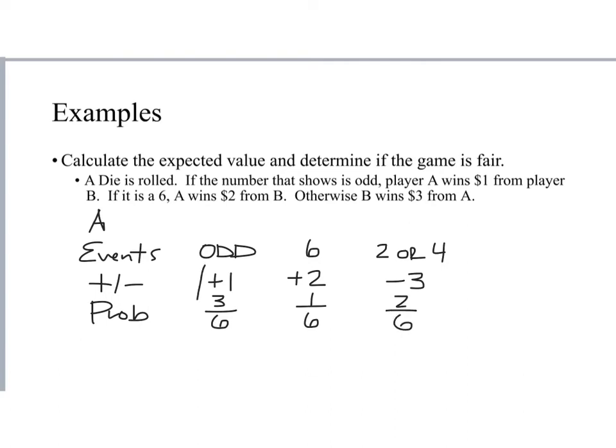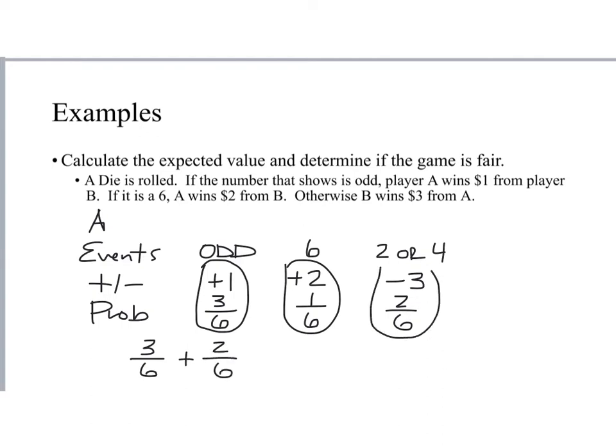Now, calculating this expected value, this would be 3 out of 6, plus 2 out of 6, minus 6 out of 6. Adding these gives a negative 1/6.